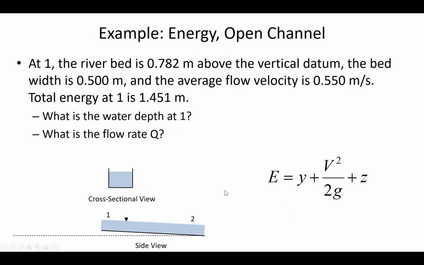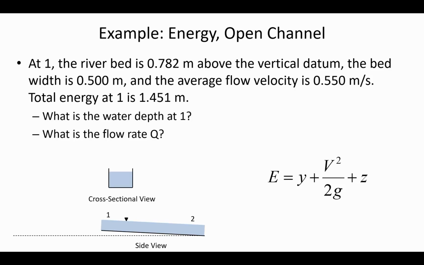Okay. So let's get a bit of practice using this new formulation of the energy equation, where we no longer think in terms of pressure, but now we start thinking in terms of depth. I've given you both a side view and a cross-sectional view. We have location 1.